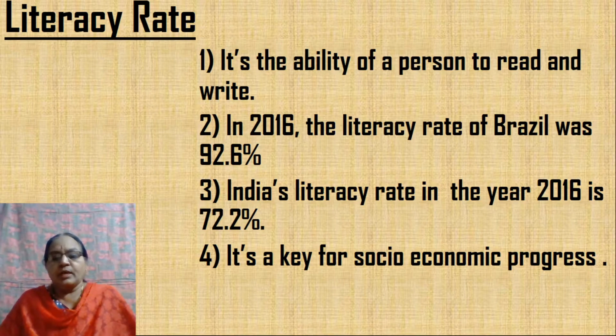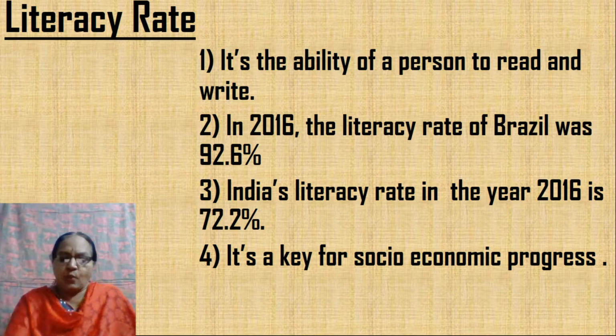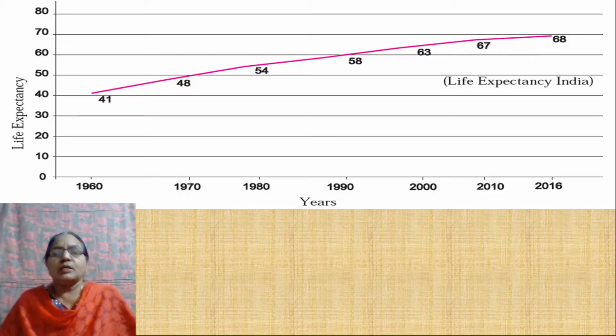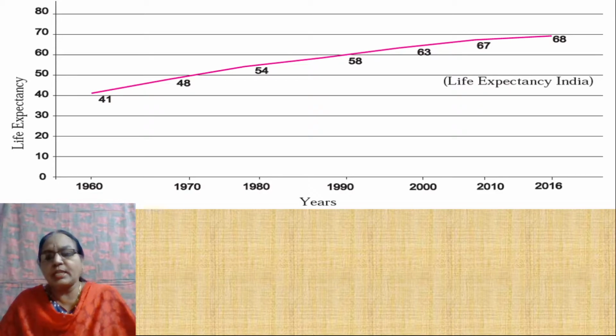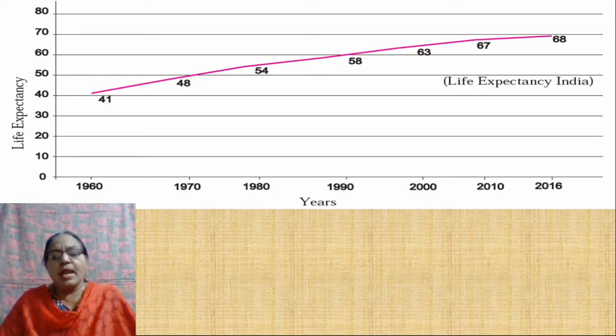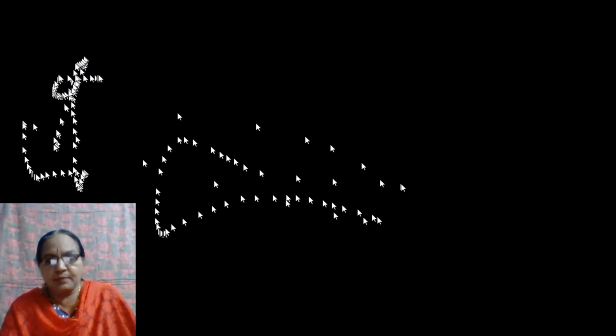Now we have completed the composition of population. Here is a graph that you are going to go through. This is with reference to the life expectancy of India, and on the x-axis the years are plotted, and on the y-axis we have life expectancy.